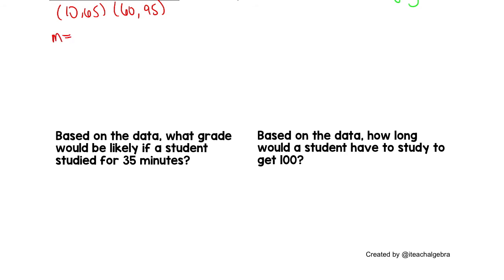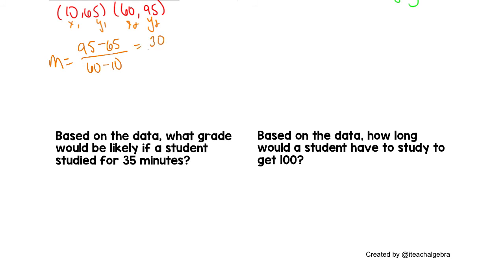So the slope is, if we label those x1, y1, x2, y2, we've got, let's scoot this down a bit. Slope is 95 minus 65 over 60 minus 10.